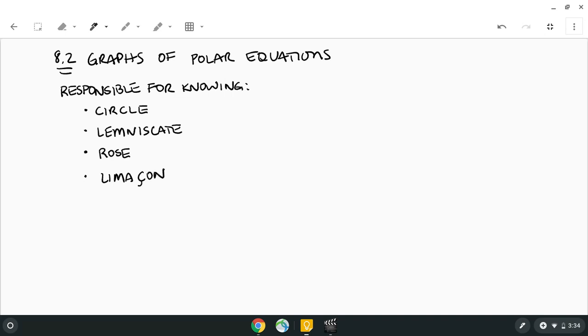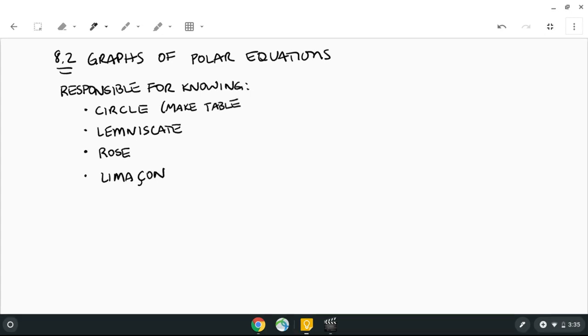Okay, so we're going to look at different ways of graphing each of these. For the circle, we're going to make a table of values.